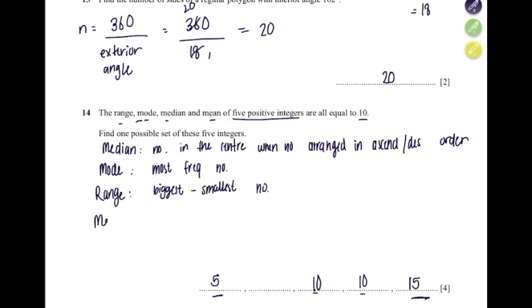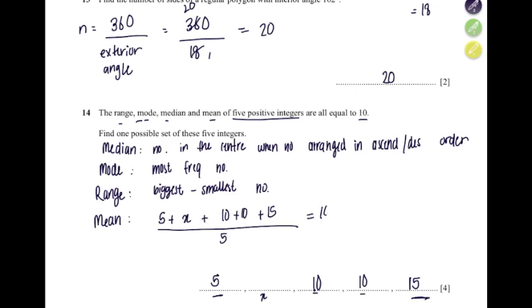Now we're supposed to find the mean. That means add all the numbers divided by the frequency of numbers, like how many numbers you have. So let's put an x here: 5 plus x plus 10 plus 10 plus 15 divided by 5.